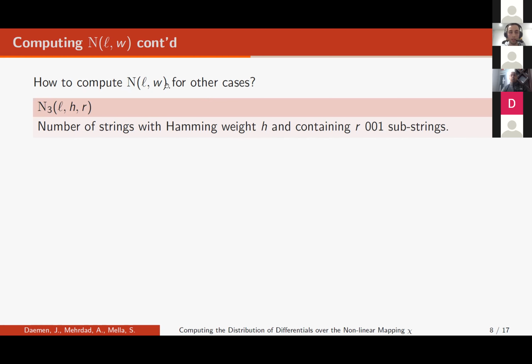So instead of looking at the restriction weight, we look at the Hamming weight and the number of 001 strings, and the sum of these two elements gives the weight. And if we sum N3 over all possible values of R, then it gives us the value of N_L,W.